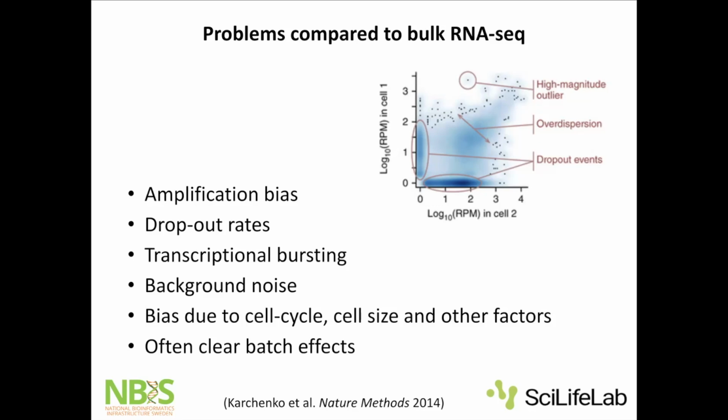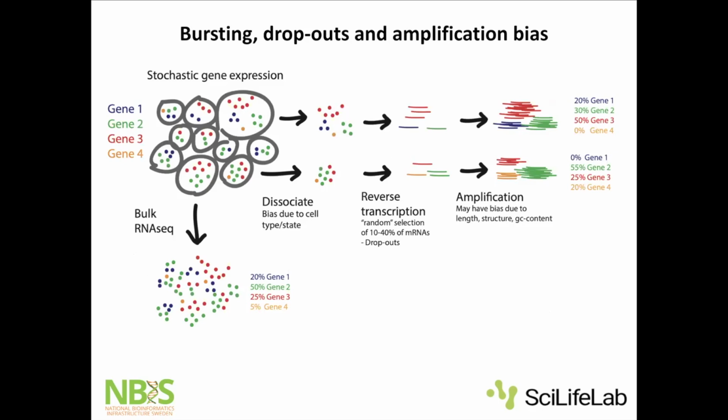Yes, that was me. So these random selections of mRNAs, why is that? Is it like a limitation in the reaction of the polymerase or something? I would say that the success of poly-A selection is not 100% random.